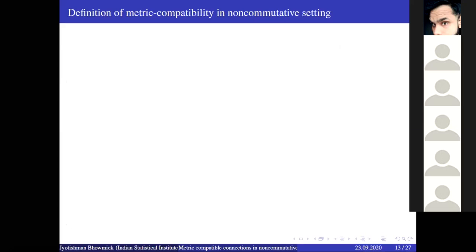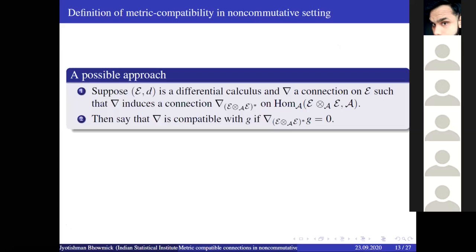Okay, so let's explain the idea. So suppose we have a differential calculus over an algebra A. So suppose this is a differential calculus, and nabla is a connection such that nabla, this connection on E, induces a connection on this bimodule.